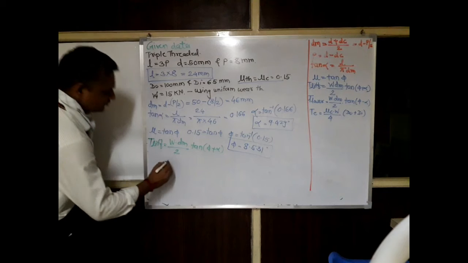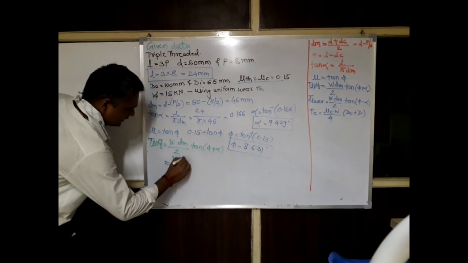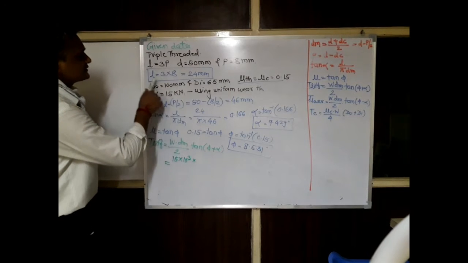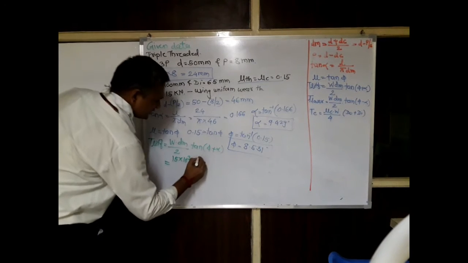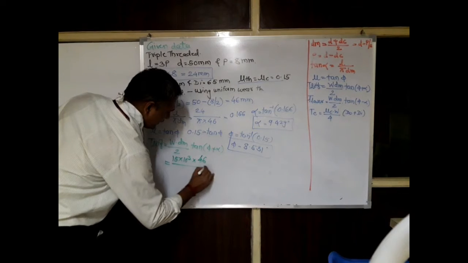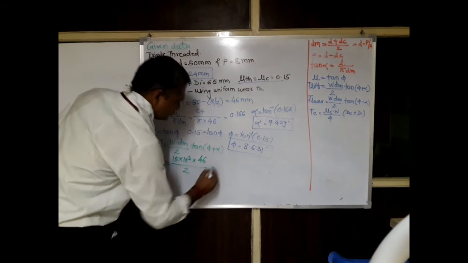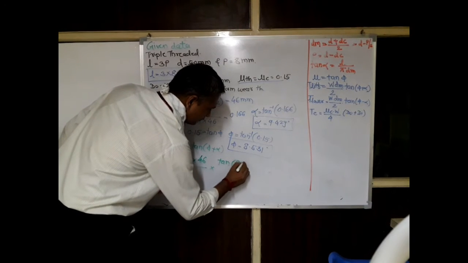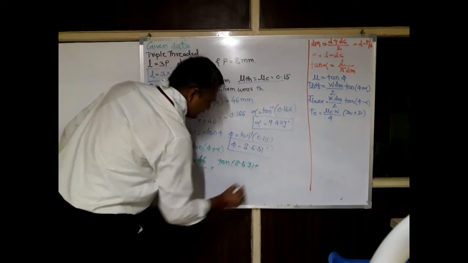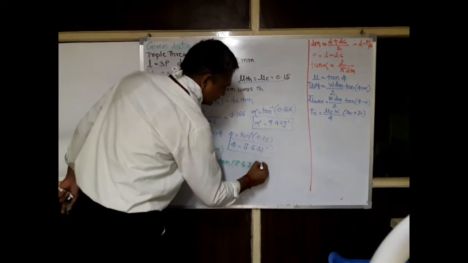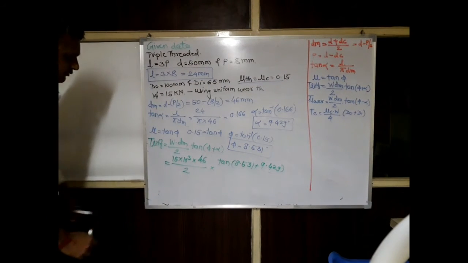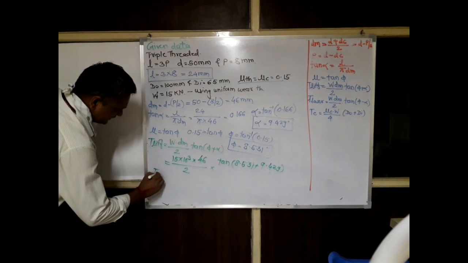W is given as 15 kilonewton, that is 15 into 10 raised to 3, into dm, which we have calculated, 46, divided by 2 into tan of phi plus alpha. Phi is 8.531 plus alpha is equal to 9.429.